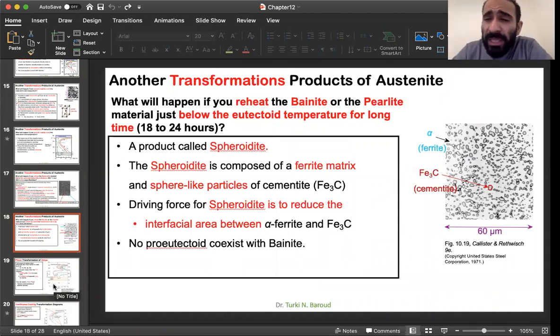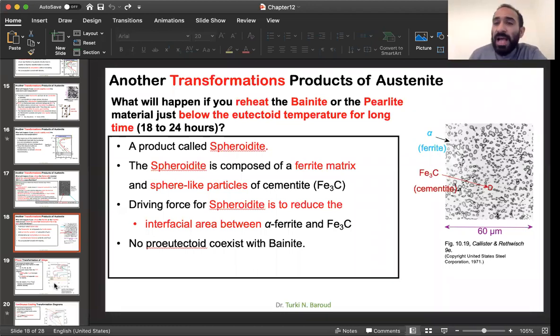What we learned in chapter 11 is something very important: if you start to add other elements other than carbon, you can actually play with the eutectoid temperature, and also with the eutectoid composition. Similarly, if you add other elements other than carbon to the iron, you can change how the TTT diagram looks.